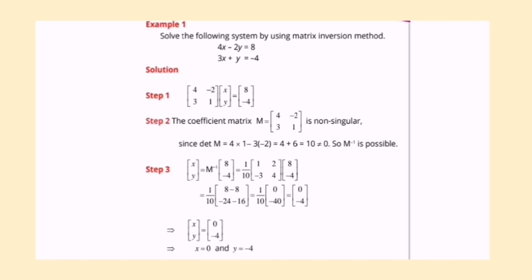So corresponding to x it is 0, and corresponding to y it is minus 4. Therefore, the value of x is 0 and the value of y is minus 4. This is the required solution by matrix inversion method.